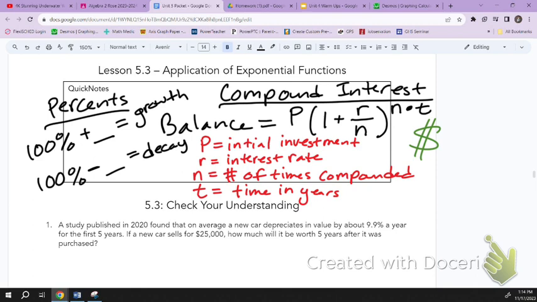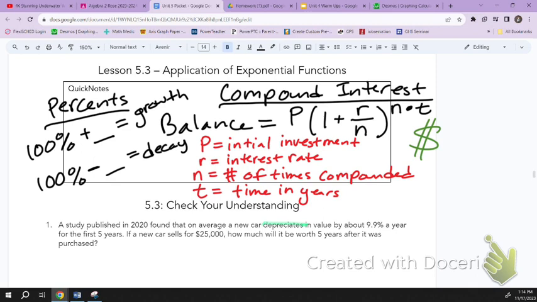Let's look at 1, and I think Ellie already started it, right? You're going to subtract. We've got a car, and it's depreciating. Depreciate means decay. We're losing money, and it's losing about 9.9% a year for the first 5 years.